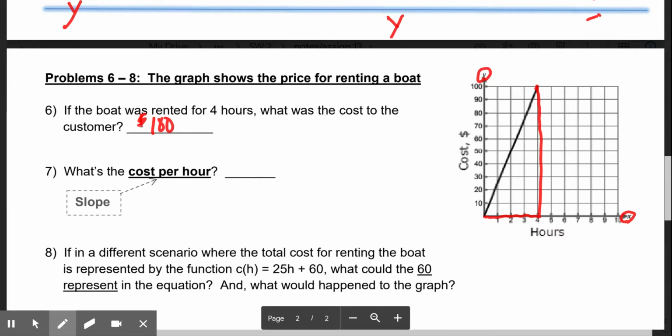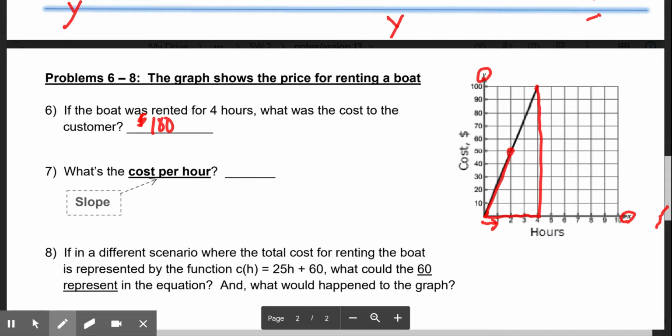All right, then we have the next one. It says, what's the cost per hour? Well, that's kind of the slope. Now if we go over 1 here and we go up, we see that it's going to be between 20 and 30. It looks like it's right in the middle of 20 and 30, but we don't quite know that. So remember what we did on the front page? We're going to start creeping up this line until it crosses through an intersection, which is right here.